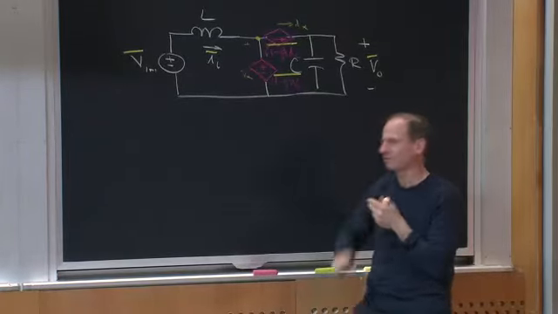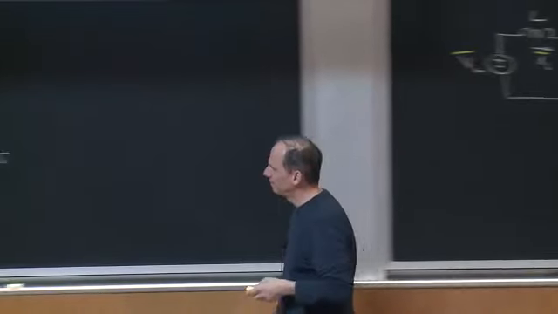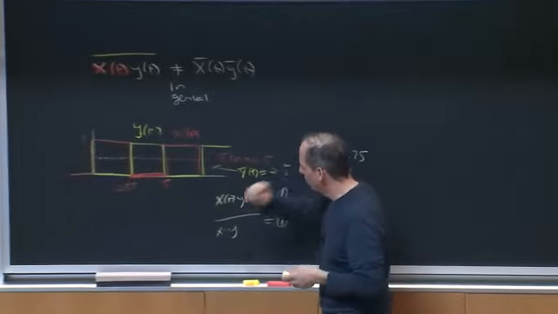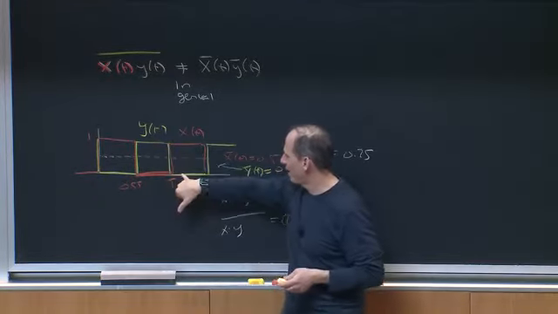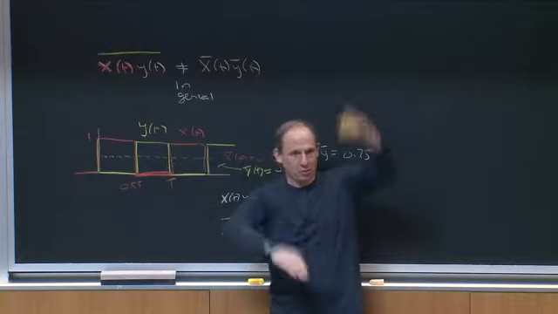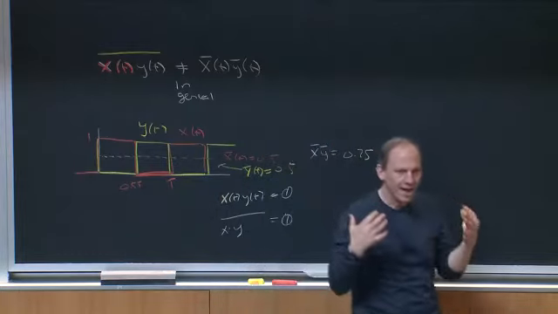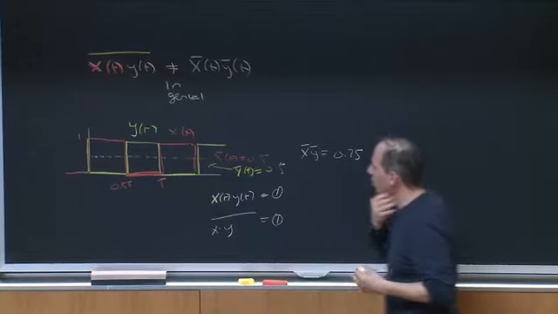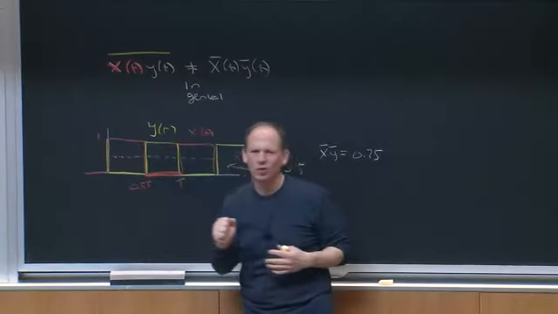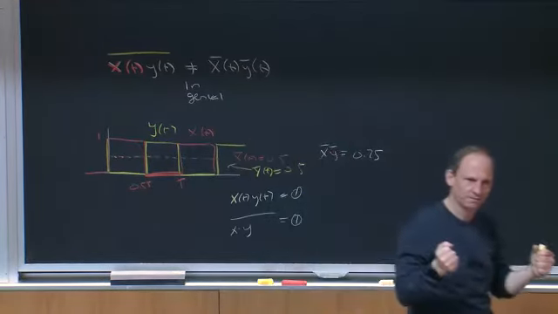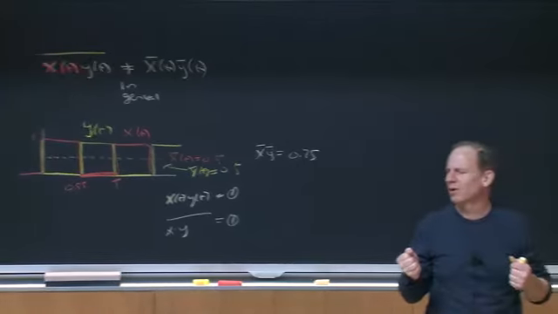But imagine the reason this kind of failed was because when y was high, x was low, and vice versa, right? They were both kind of doing crazy stuff. What happens if perhaps one of x of t and y of t sort of looks like a constant, roughly speaking? And what do I mean by constant?